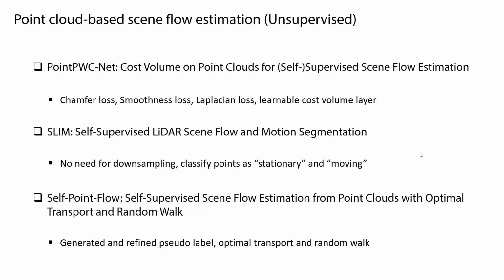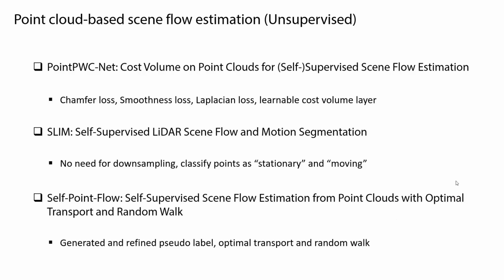There are many other supervised and unsupervised scene flow estimation methods in the literature, but we have limited time for this class, so I just list three papers I would like to recommend to you if you are interested in this topic and want to know more. The first paper is called PointPWC-Net. It's another famous paper in this area, and they proposed three novel losses for self-supervised training.